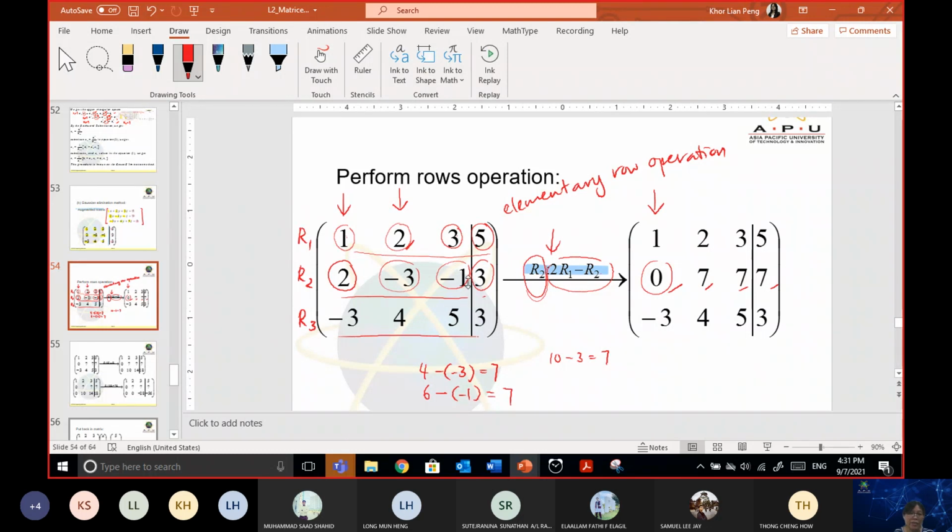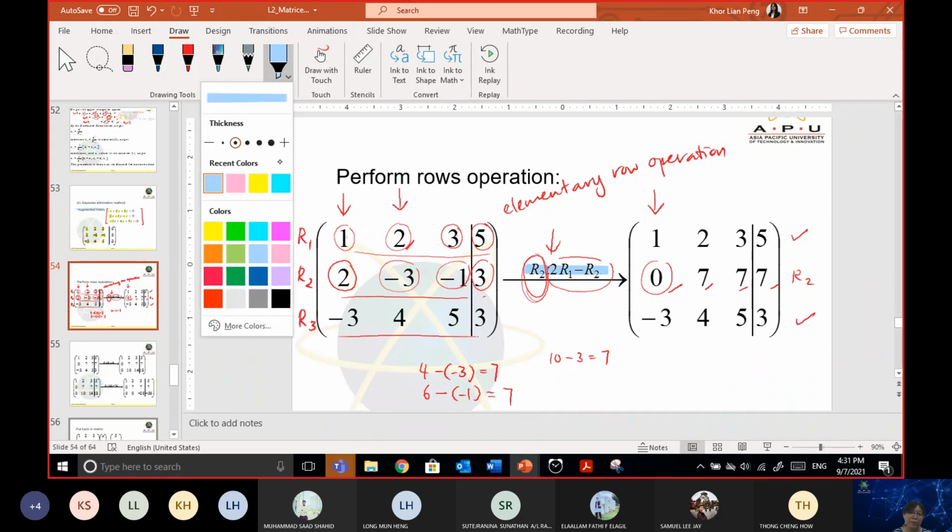Can you see the first row and third row remain? We just do it on the second row. The elementary row operation is only for the second row because here we put R2. Can you understand? And what is the purpose of doing this? We are making this a 0.